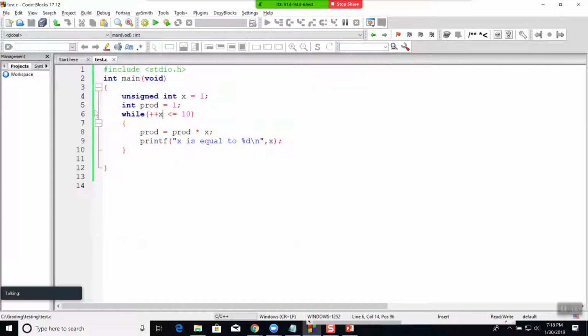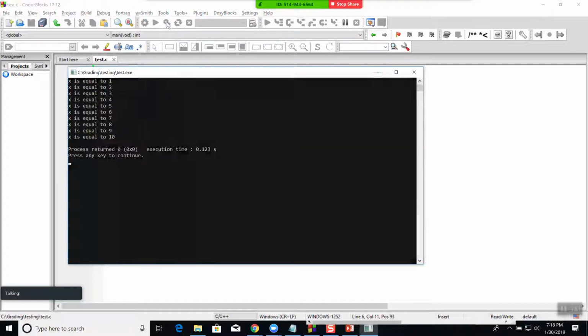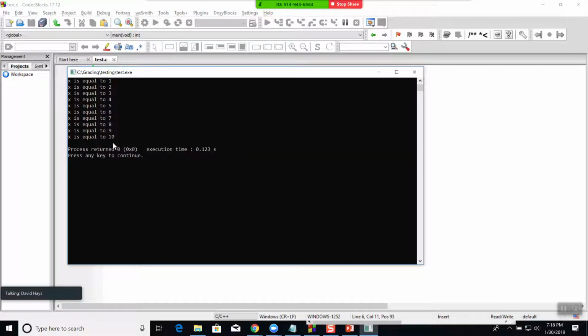Do you see how it just makes your life harder? It's just like, why bother? Put x equals x plus 1 down here. It's not too hard. Keep it simple. Then you don't have to think as hard, unless you just like mental challenges. If I run that, it goes from 1 to 10 like I'd expect.